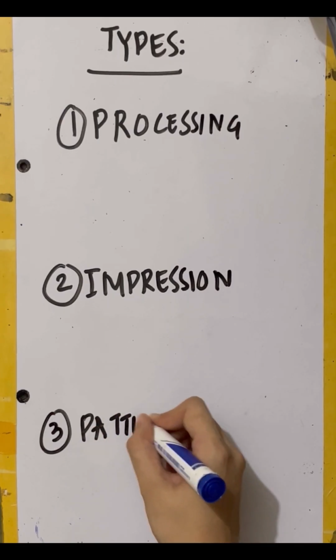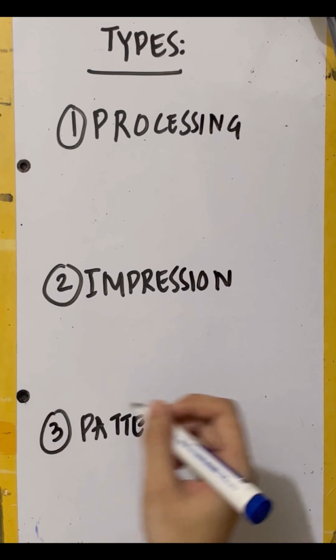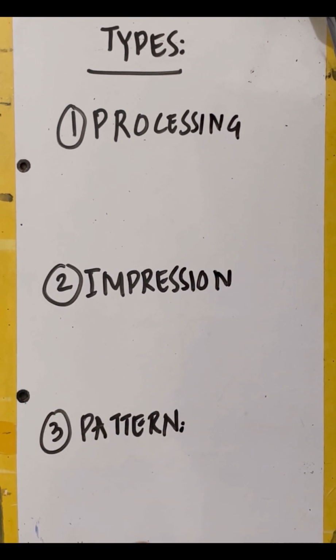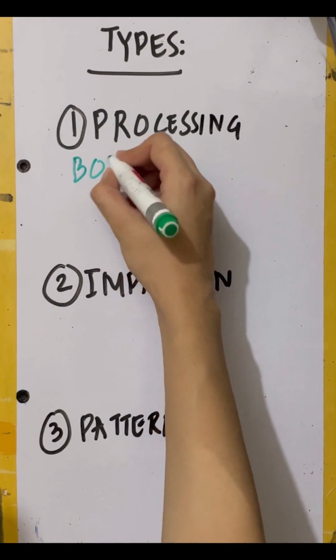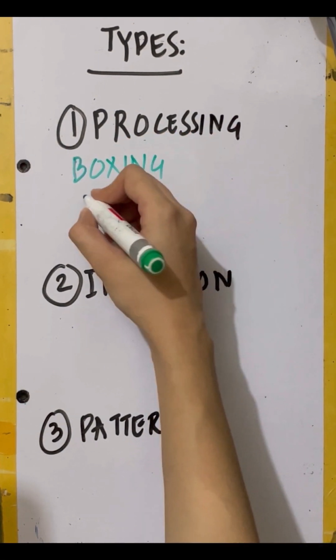They are further divided into different types, such as the processing wax, which is further divided into boxing wax. Boxing wax is used to build up the vertical walls around the impression in order to pour the gypsum material.